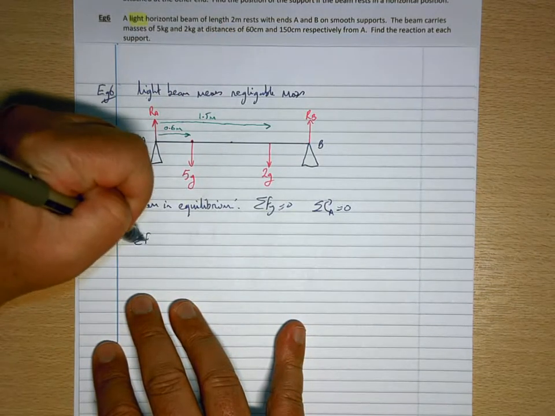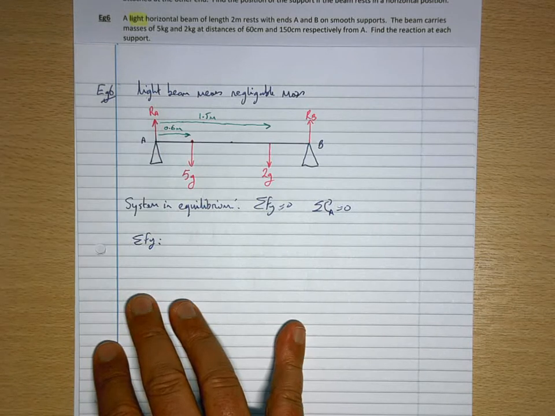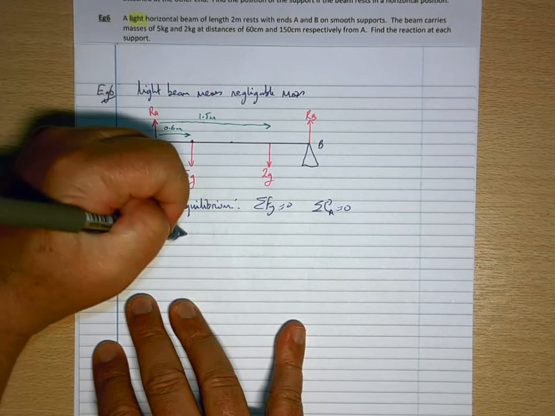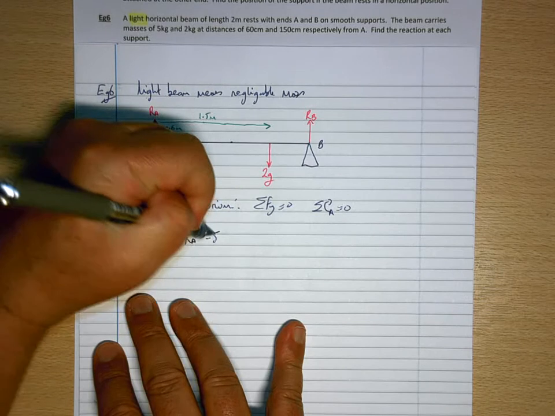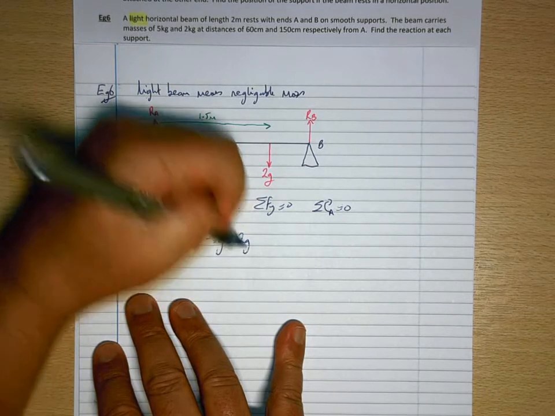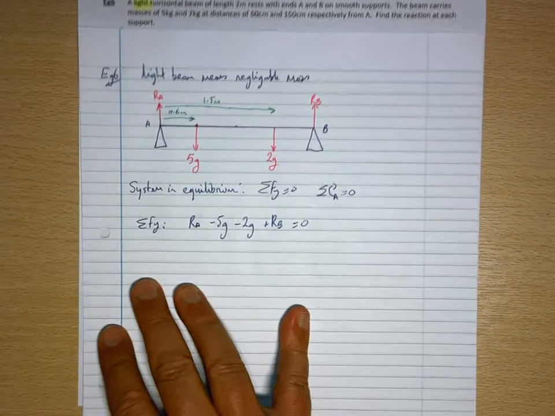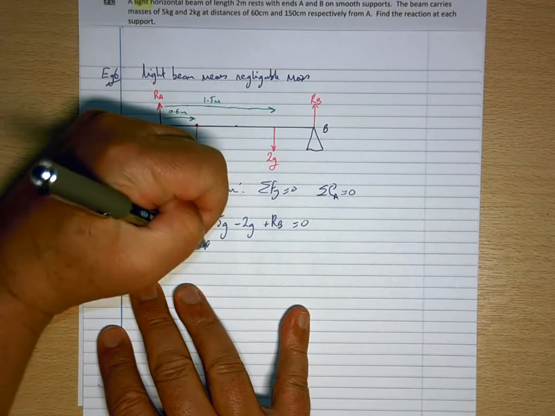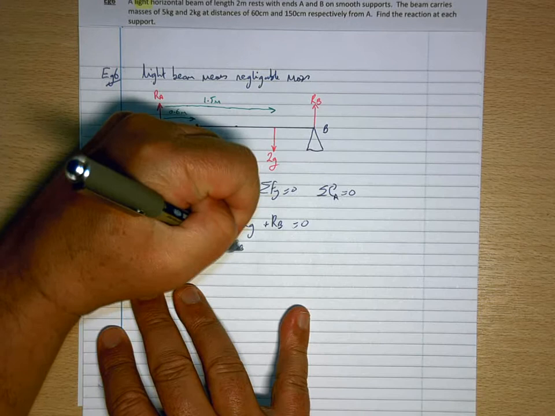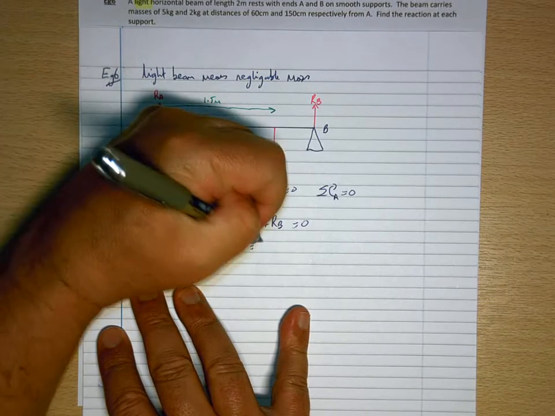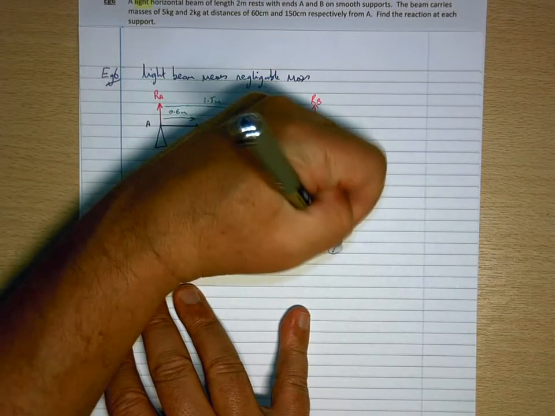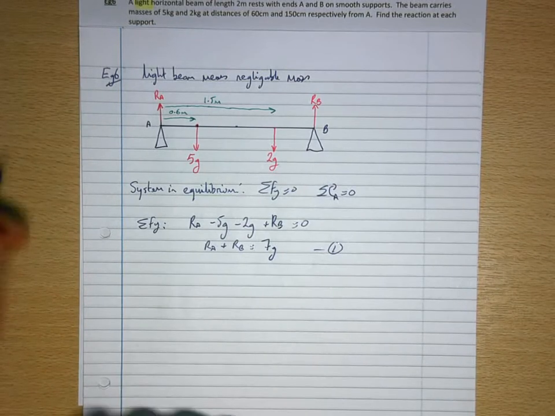So if we set up the force equilibrium first of all, I'm going to have RA minus 5g minus 2g plus RB equals 0. So RA plus RB equals 7g. So that's my first equation.